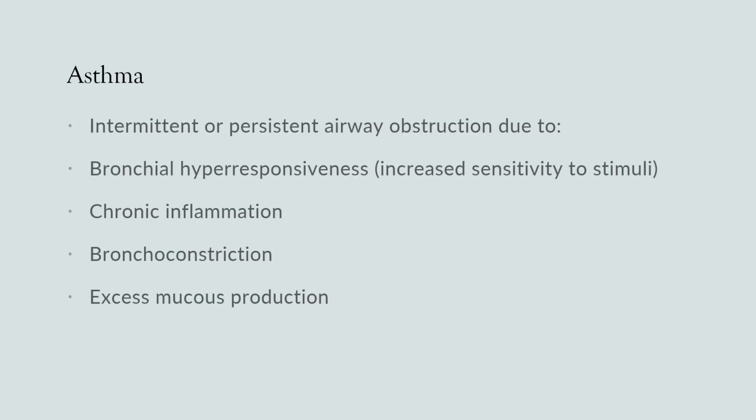Okay, so we're going to talk about asthma for a couple of slides. Asthma is an intermittent or persistent airway obstruction due to the following four things. A, bronchial hyperresponsiveness, so that's reactivity or overreaction to some sort of stimulus, whether that's allergens like pollen or dust mites in a home, for example, or maybe smoke.